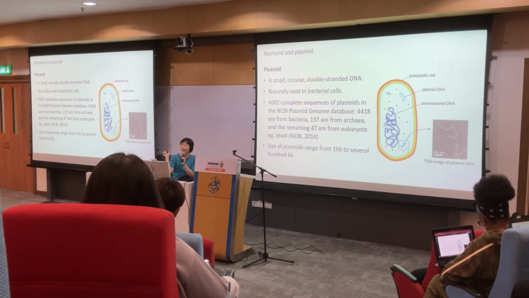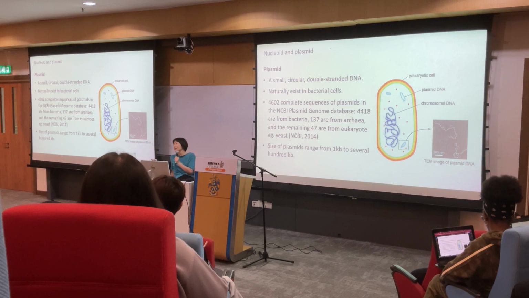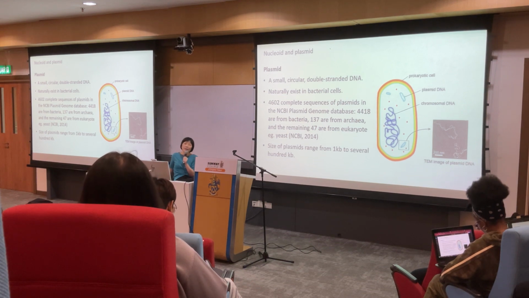Fill in the blank: the plasmid is not required for bacterial growth. Without the plasmid, the bacteria survive happily. So it is something additional that can be transferred to others.